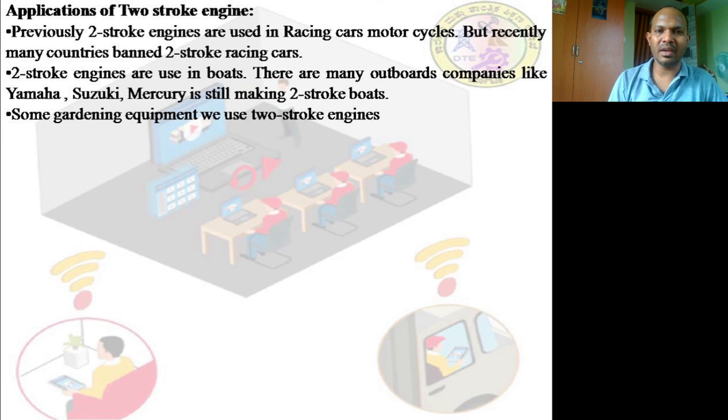Nowadays, I don't think many people are going for the two-stroke. Only rarely one or two, maybe Bajaj or one or two vehicles, work on two-stroke engines. Some gardening equipment, like for lawn cutting, also uses two-stroke engines.